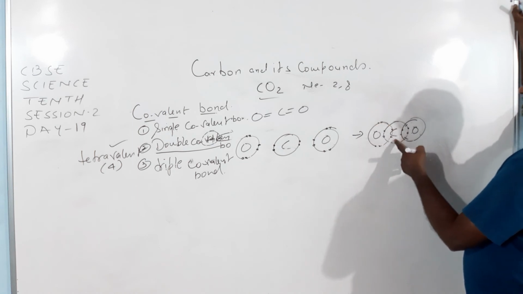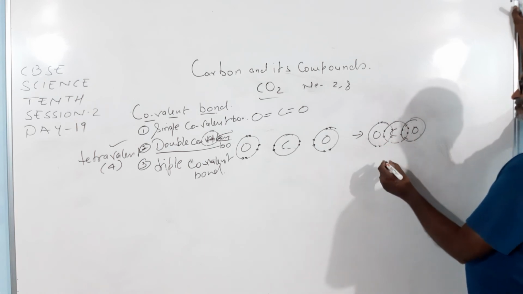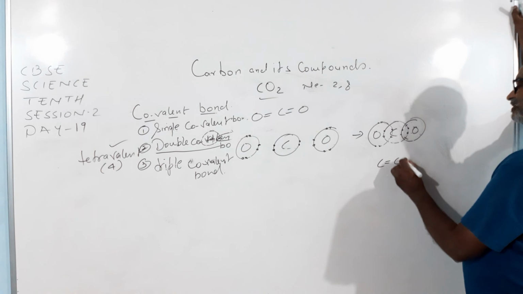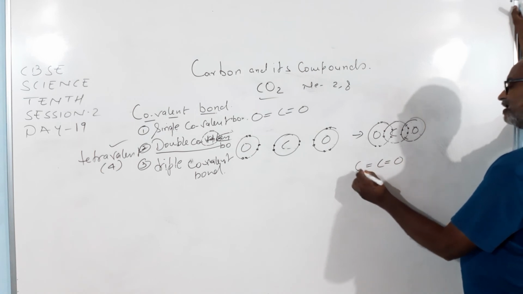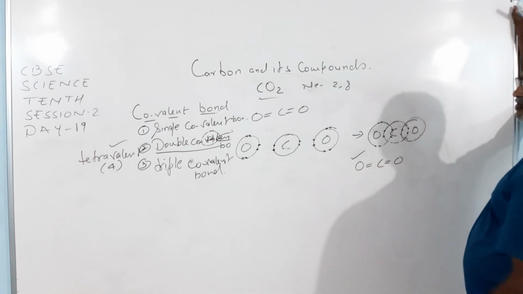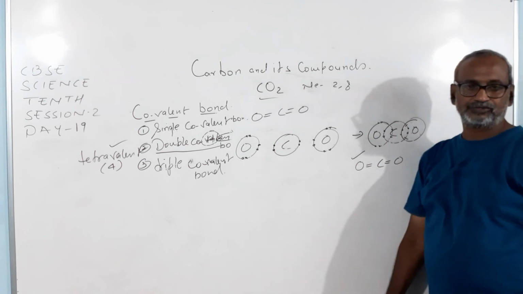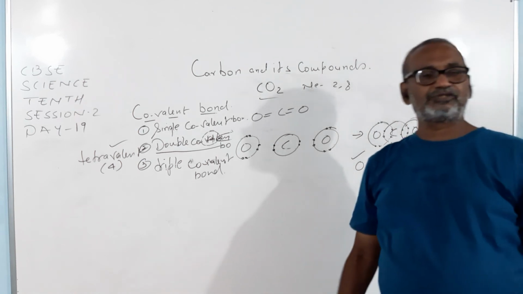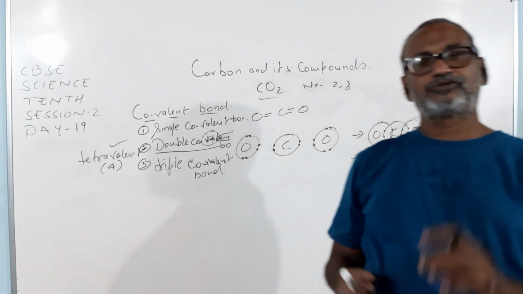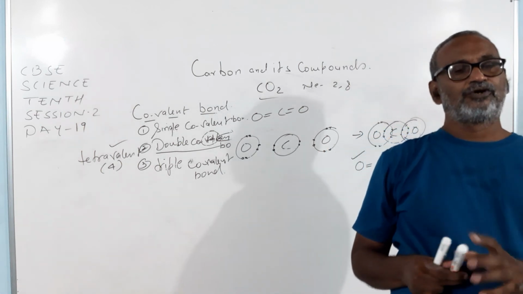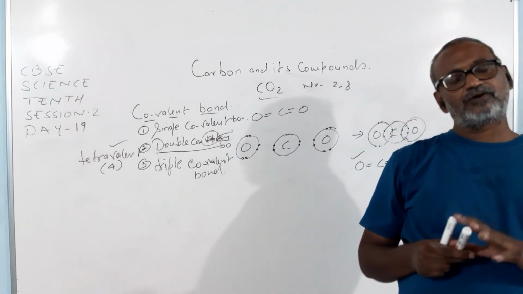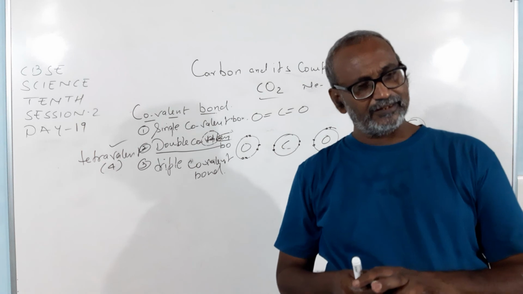Now since carbon atom is sharing two pair of electrons with two oxygen atoms, carbon and oxygen atoms are bonded together by a double covalent bond. So when two atoms share two pairs of electrons, a double covalent bond is formed between them.